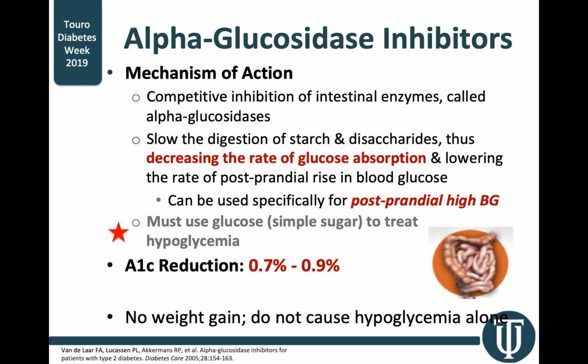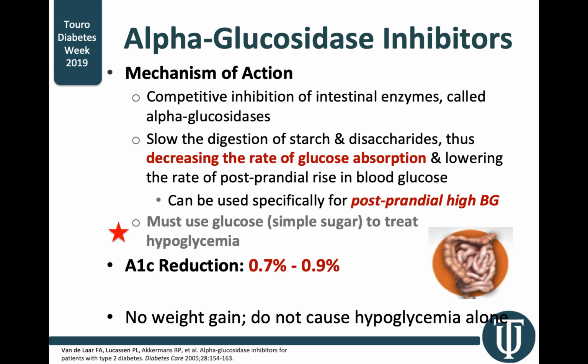One thing to keep in mind, this is important, especially when you do patient education. If someone takes this medication and they drop low, we have to use simple sugar, glucose, to treat it. The reason is that if you ingest a complex sugar form with this medication, the sugar is not being broken down and absorbed.